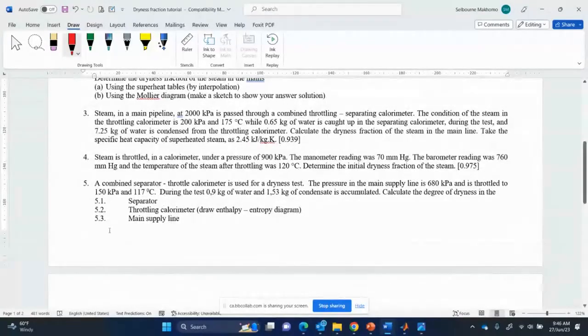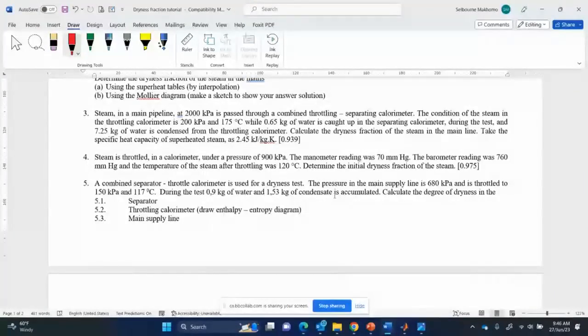Question 5: a combined separator and throttle calorimeter is used for a dryness test. The pressure in the main supply is 680 kPa. In other words, that is your P1, and it's throttled to P2 of 150 and T2 of 170.